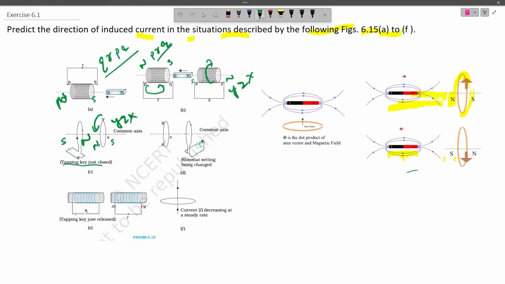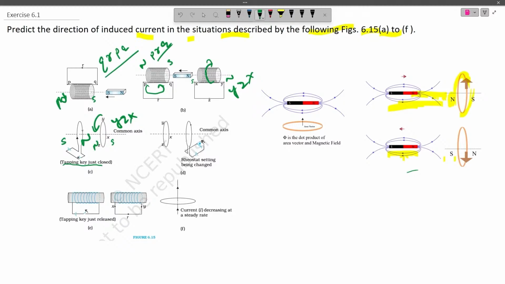Now in this question, we see that the rheostat setting is being changed. The pointer is decreasing the resistance, which means the current would be increasing in here, and the YZ segment of this coil is much farther away from us than the YX section of this coil.